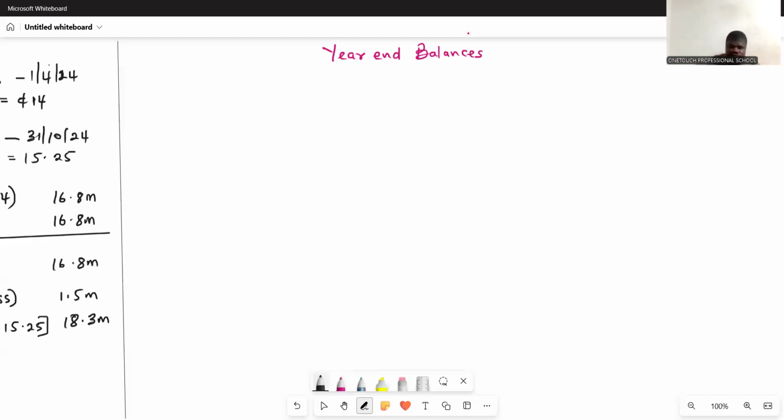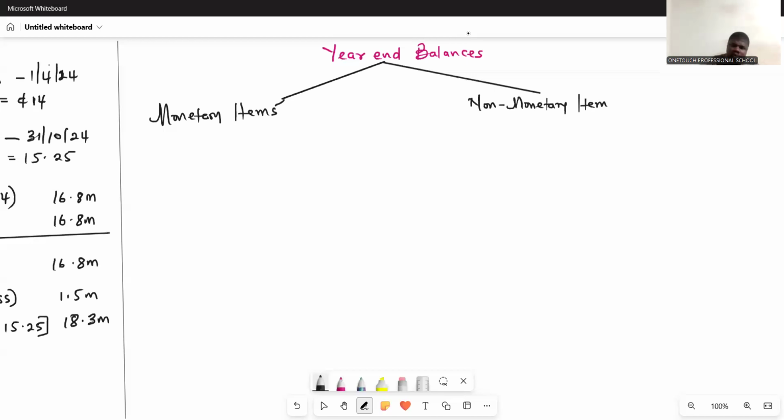So the year-end balance will depend on whether it is a monetary item or a non-monetary item.